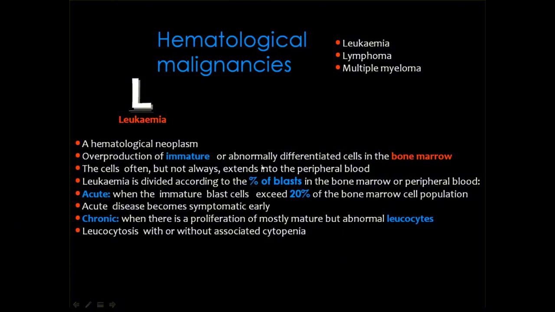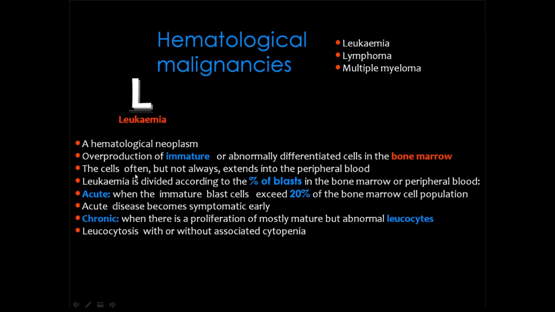Leukemia is one of the well-known hematological neoplasms, and it results from the overproduction of immature or abnormally differentiated cells in the bone marrow.